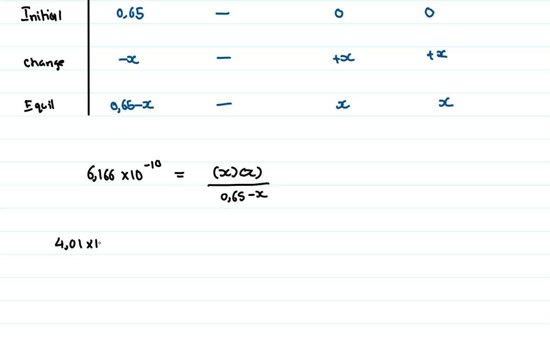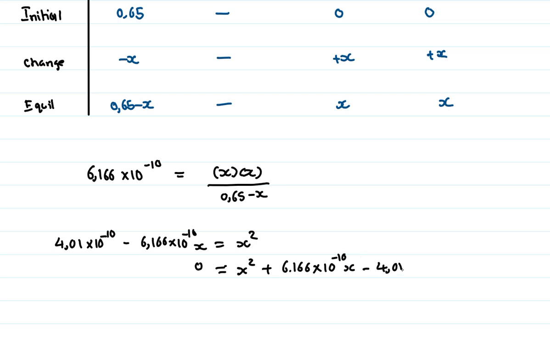and you should get 4.01 multiplied by 10 to the power of negative 10 minus 6.166 multiplied by 10 to the power of negative 10 x, and that is equal to x squared. So we can take everything to the other side. So we have x squared plus 6.166 multiplied by 10 to the power of negative 10 x minus 4.01 multiplied by 10 to the power of negative 10.